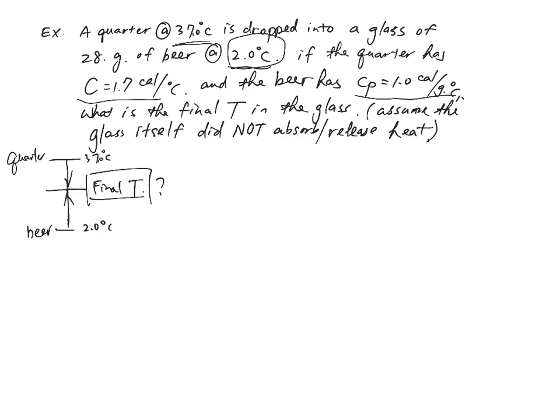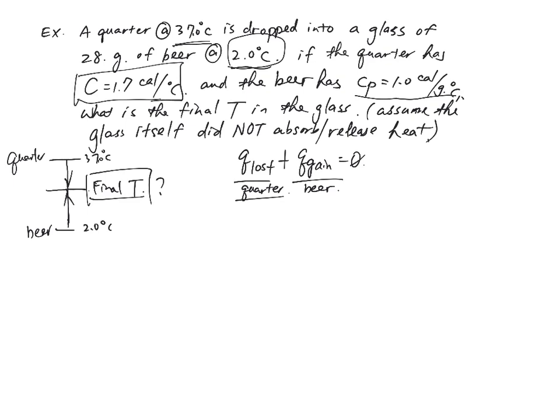And if it's within an insulated system, the starting point is always easy: Q lost plus Q gain equals 0. Now, who's losing heat? This obviously is the quarter. And this obviously is the beer. How do we calculate the Q of the quarter? Well, what do we know about the quarter?